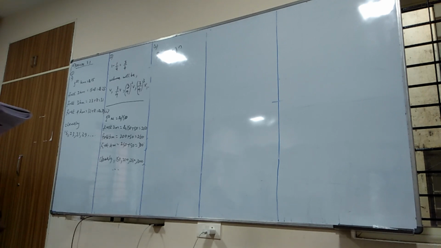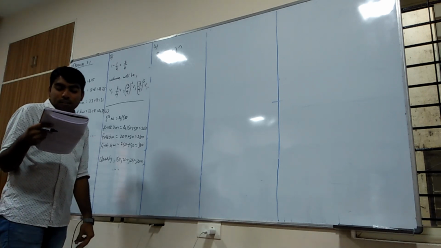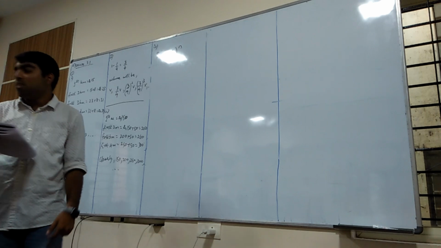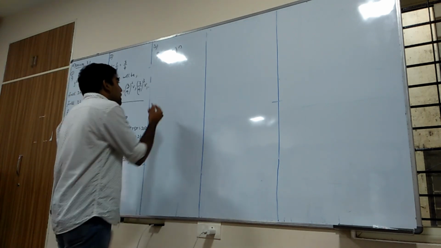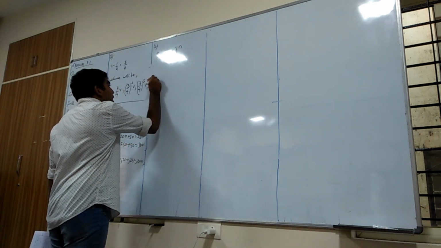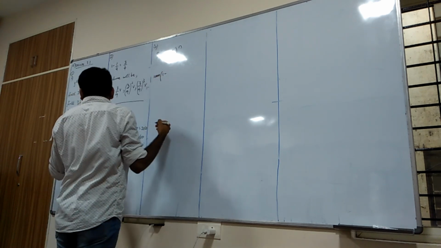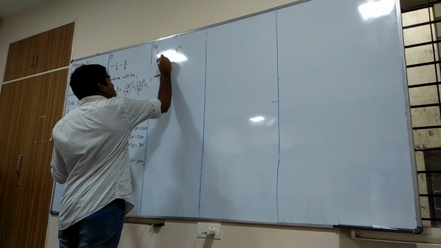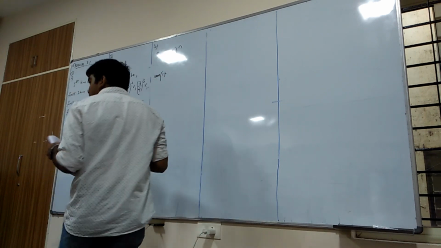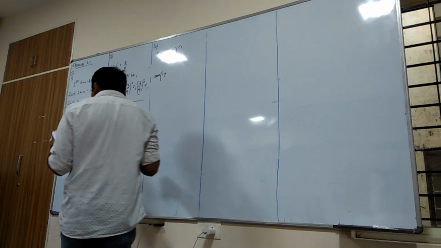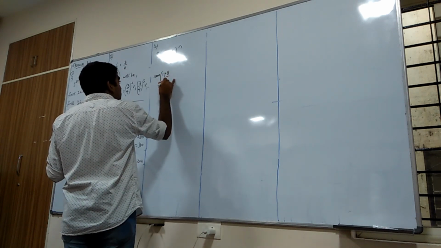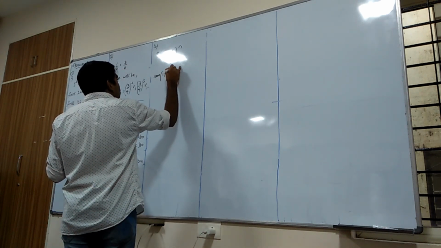After every year, our value will be how much? 10,000 into 1 plus, what is r? 8 by 100 to the power of 1.